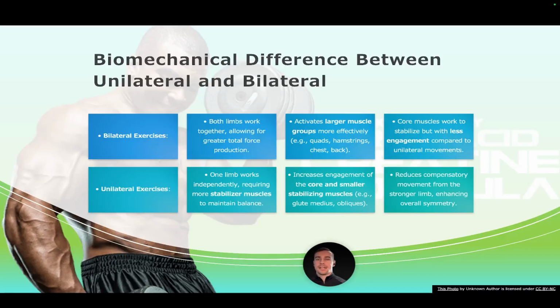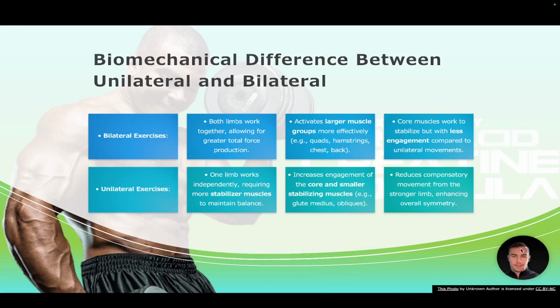So, the biomechanical difference between unilateral and bilateral training. I know that I touched on that a little bit, but I want to give you a clear and concise understanding of what these training methods are side by side.